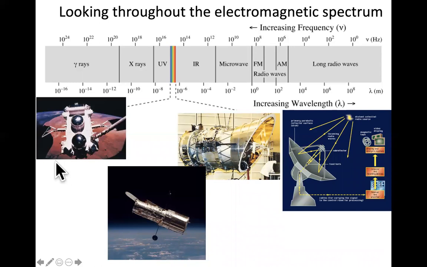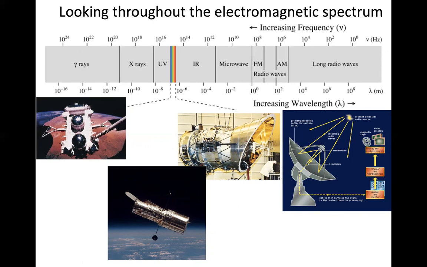All of these different types of radiation have different wavelengths and interact differently with different materials. So it's natural to ask, well, wait, what about these other wavelengths? Why aren't we using them? Well, we are. There are telescopes that operate all the way from gamma rays to radio waves.